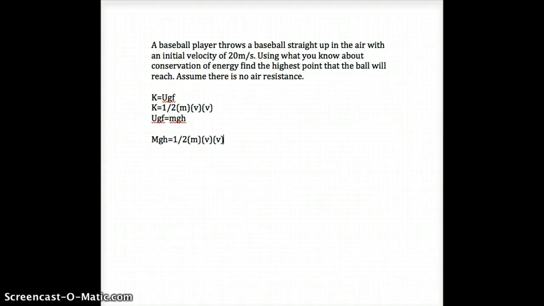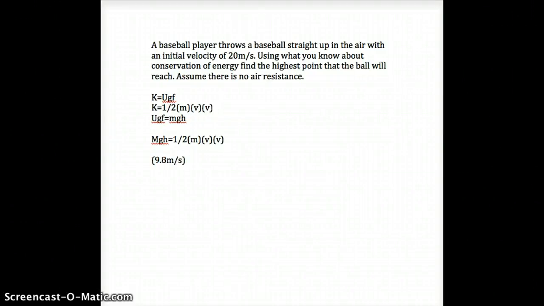Now you guys might be thinking that we don't have the mass and we need the mass, but since the mass is on both sides and it is the same, the mass will cancel out. So we're going to have the acceleration of the Earth, which is 9.81 meters per second squared.